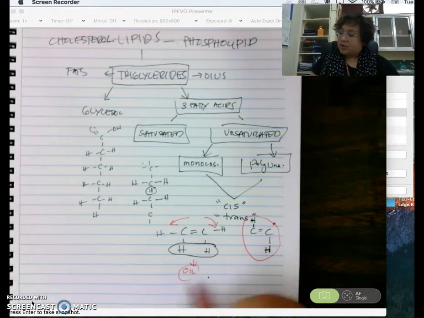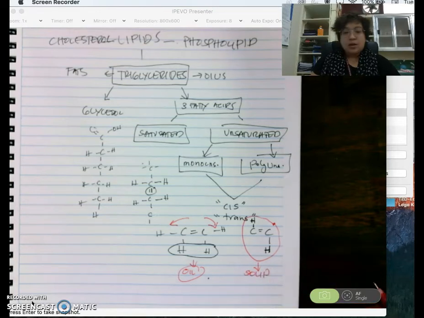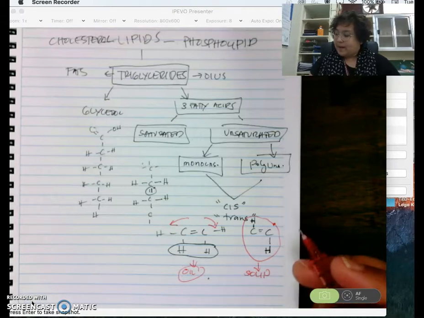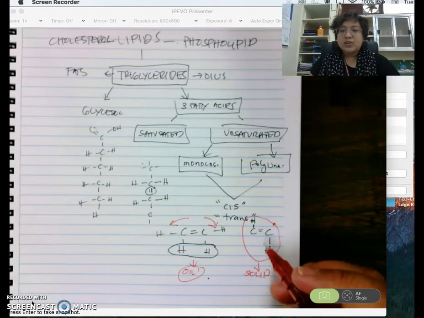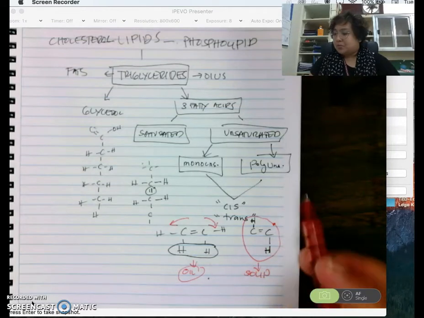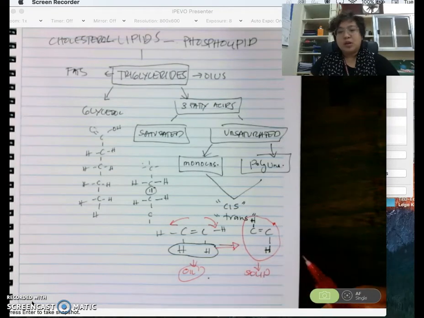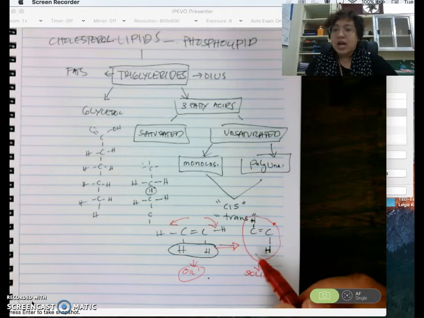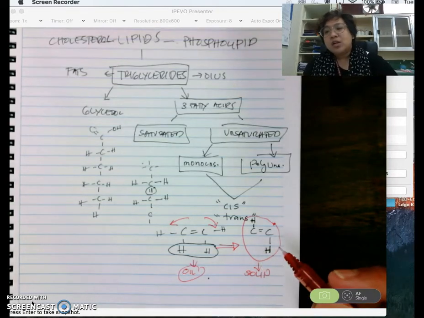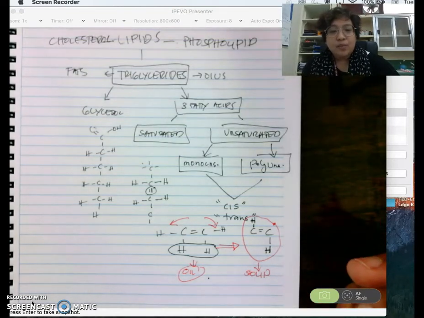Let me put oil. And then this one actually becomes solid at room temperature. And this is actually a product of partial hydrogenation of your oils. And we actually use this in industries because now we know that it has a higher melting point. It is solid at room temperature, and can be used to provide longer shelf life for processed food.